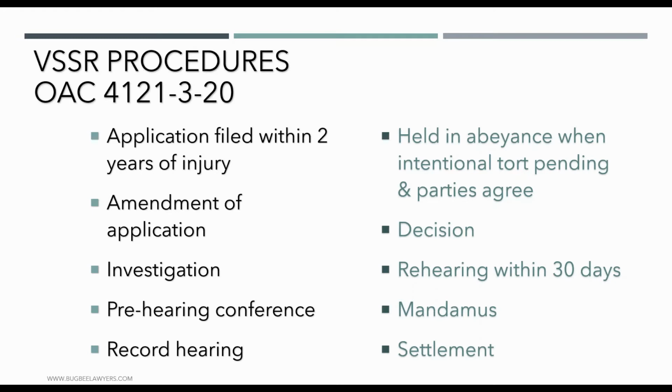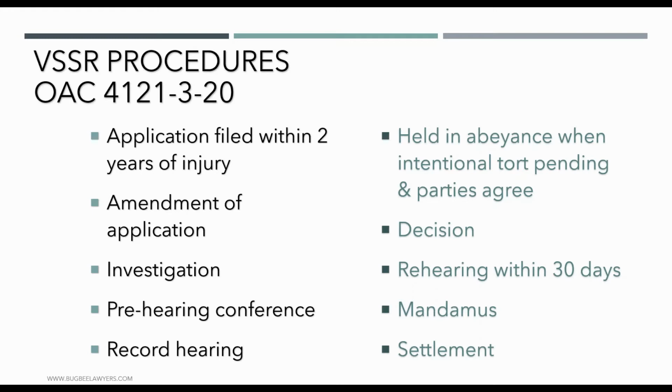And employers are willing to pay a nominal sum to get out from under some of these VSSRs that are being filed. Years ago, you didn't see many VSSRs. I mean, the ones you saw were based on serious injuries, usually some type of a loss of an appendage in a machine, and the exposure was quite large, and most of them, at least the ones I was involved in, went to hearing.